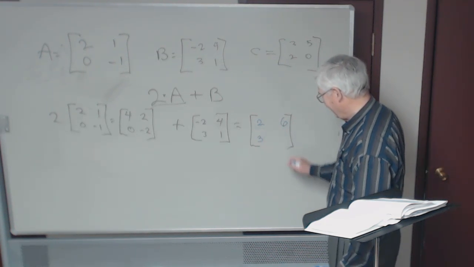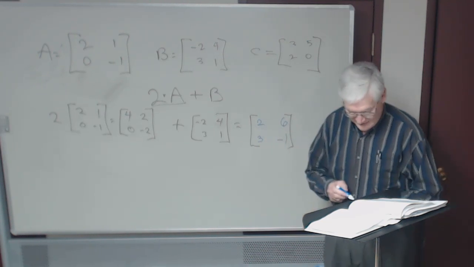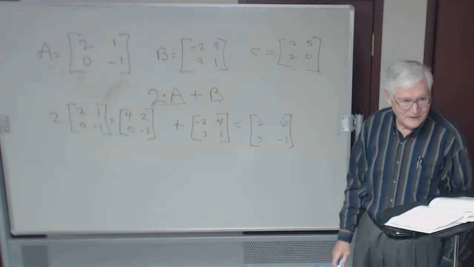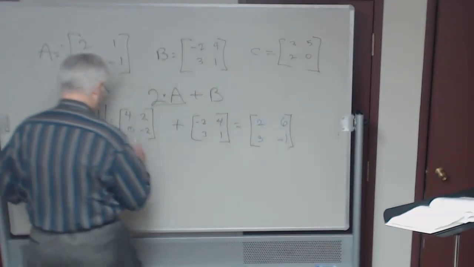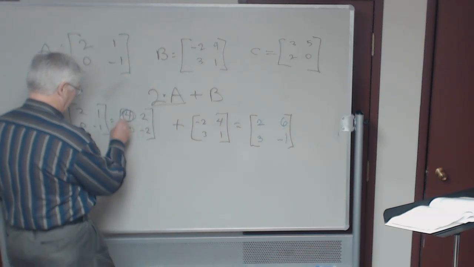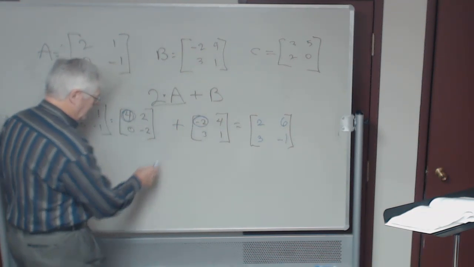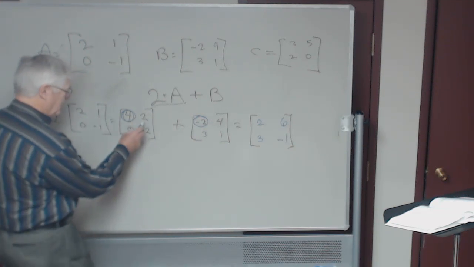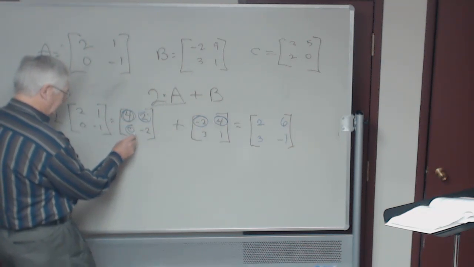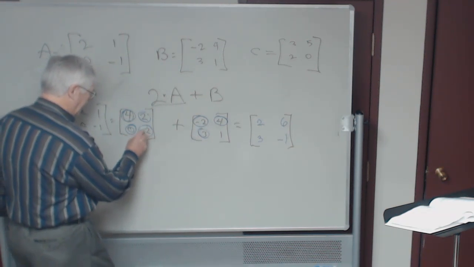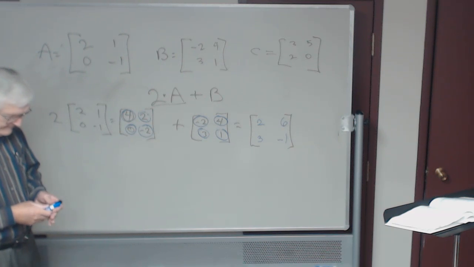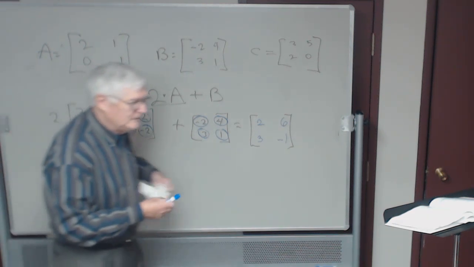And negative 1. Everybody see how she got that? You see what she did? 4 plus negative 2, 2 plus 4. You're adding up the corresponding parts. 0 plus 3 and negative 2 plus 1. Okay. And that's all there is to it.